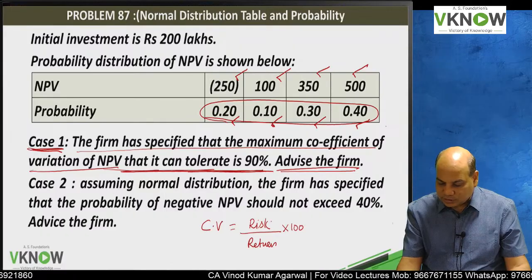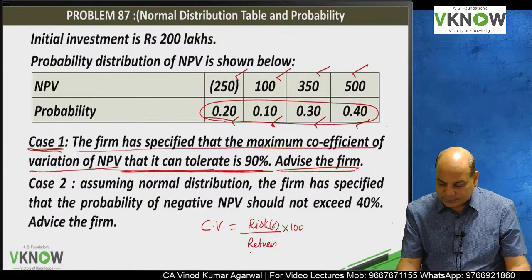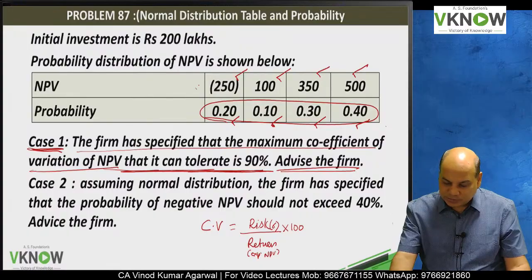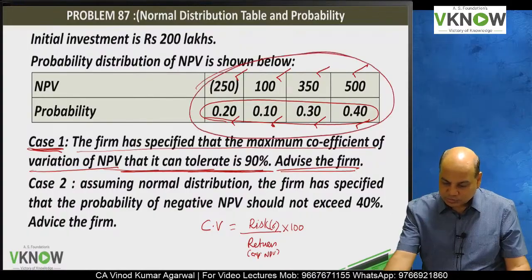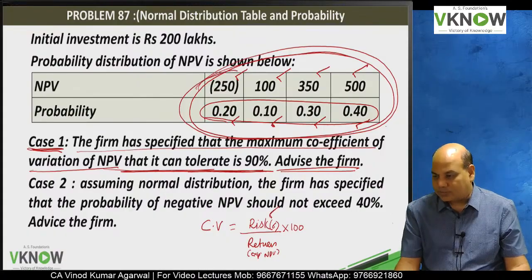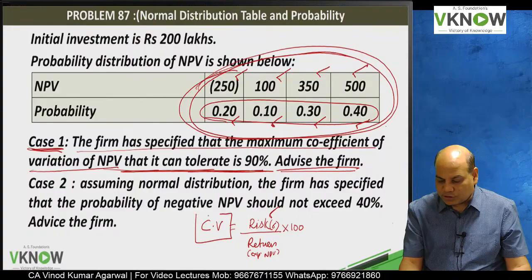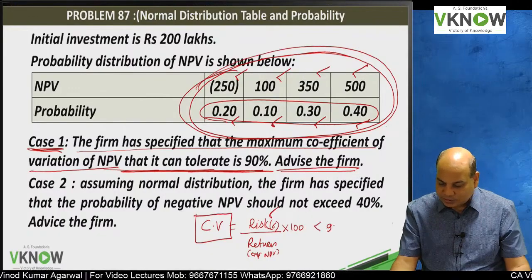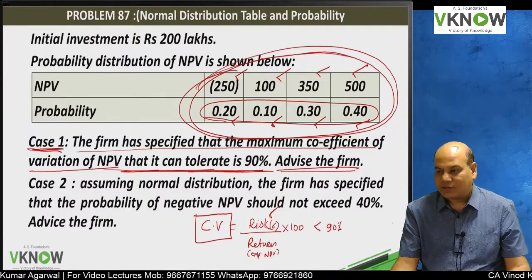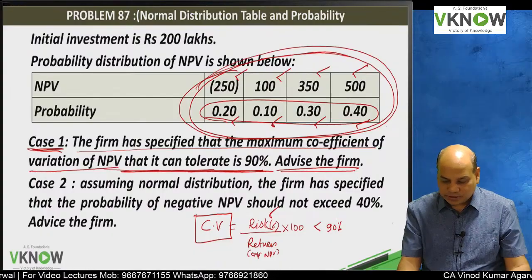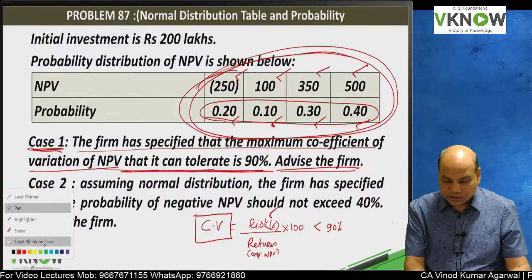Risk means standard deviation and return means expected NPV. For expected NPV I need to multiply these two, and using the same data I will compute the standard deviation, then the coefficient of variation. If this is less than 90%, the project will be accepted. If it is more than 90%, the project will be rejected. My tolerance limit is 90%.